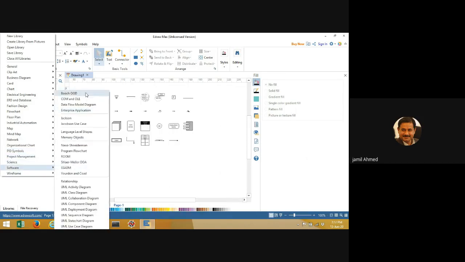Go into the software. You will find your solution in the software because you are dealing with software engineering. So in this software engineering, you can see these. These are the figures they use to represent the stakeholder operations as well. So Jacob's use case, you know very well, and we know its importance as well.